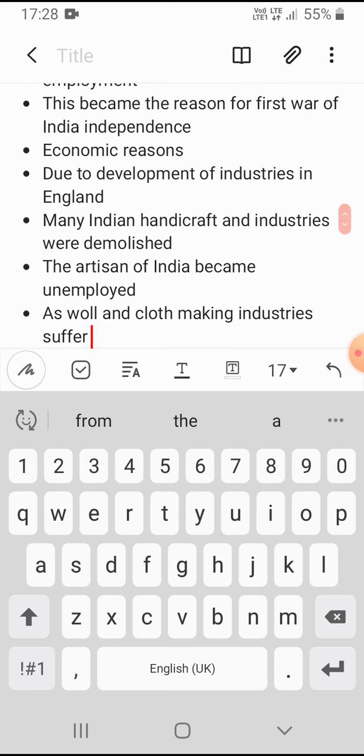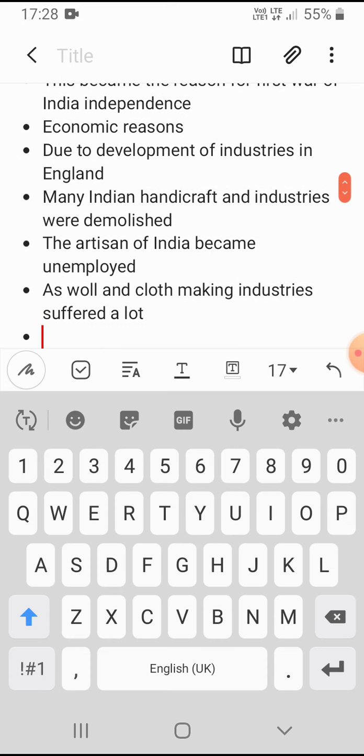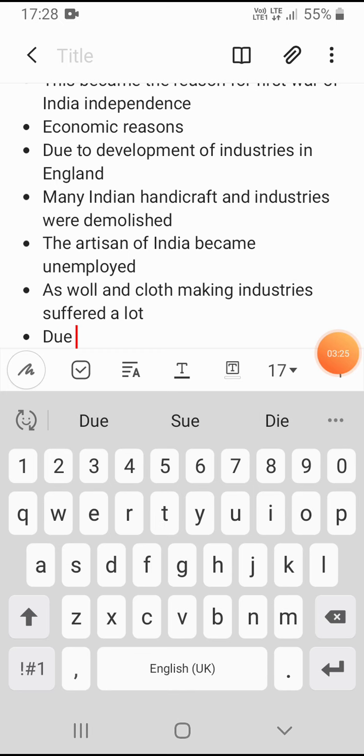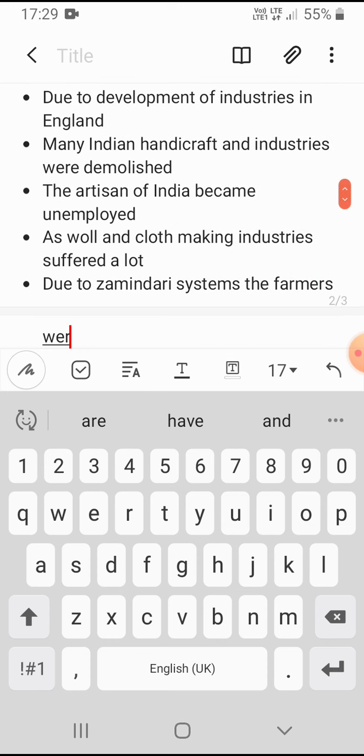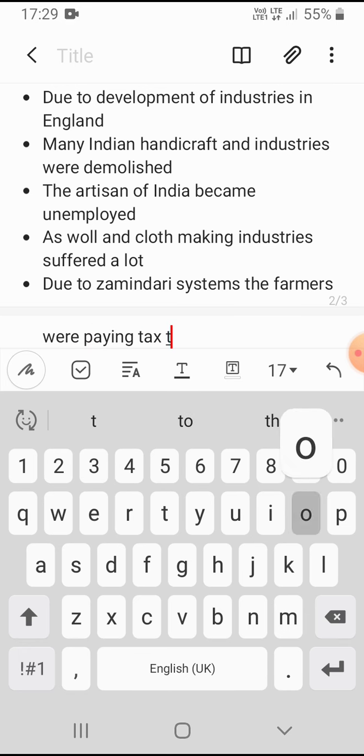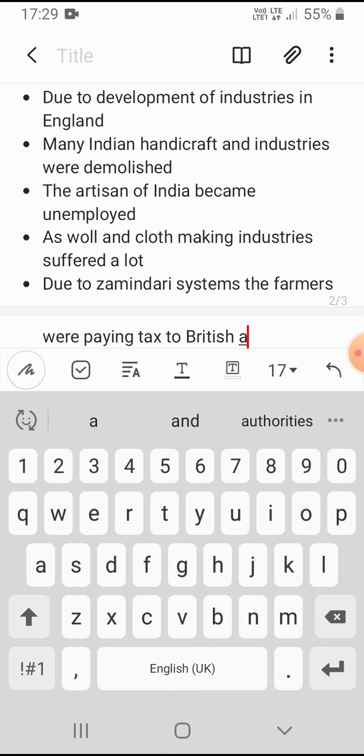Due to the zamindari system, the farmers were exploited. The farmers were paying tax to the British, and many farmers lost their lands.